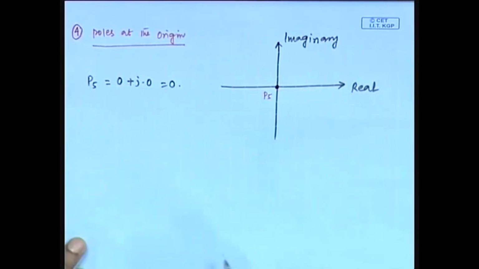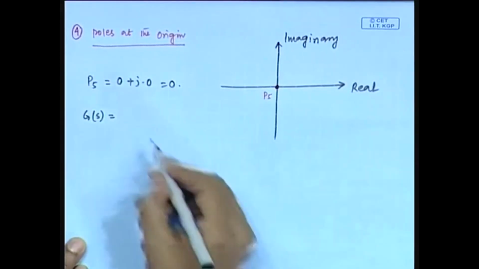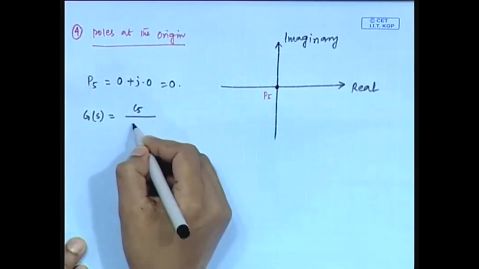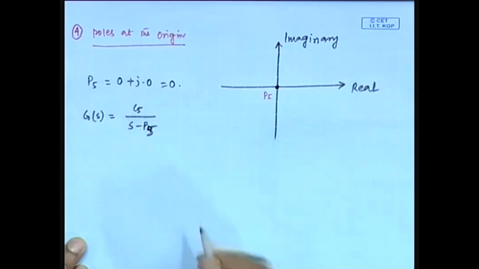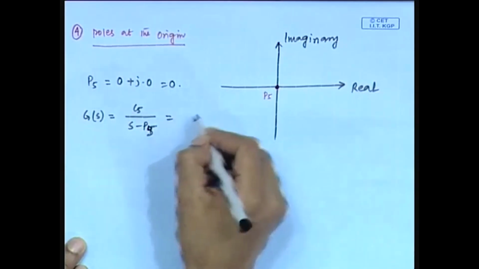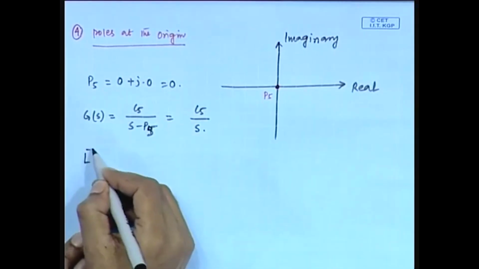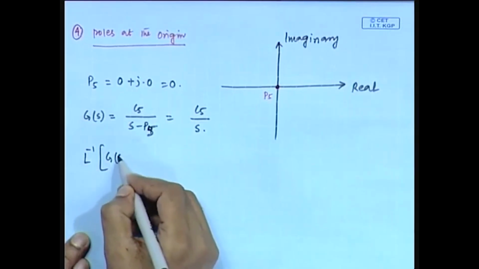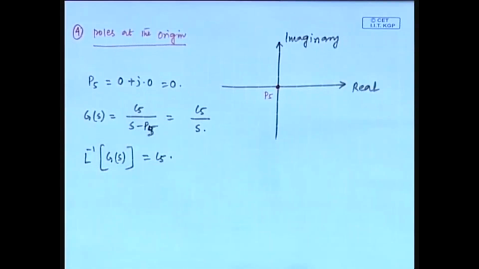Then transfer function G(s) reduces to C5 divided by (s minus P5), equal to C5 divided by s, fine. Now, we will take the inverse of this Laplace transform, then we get C5, one constant term, fine.